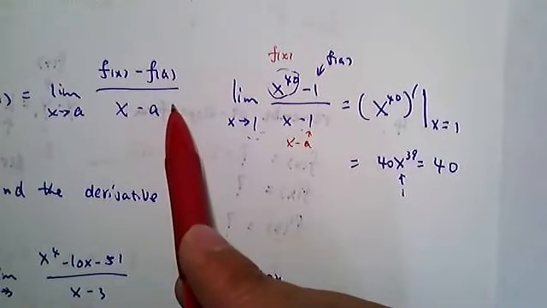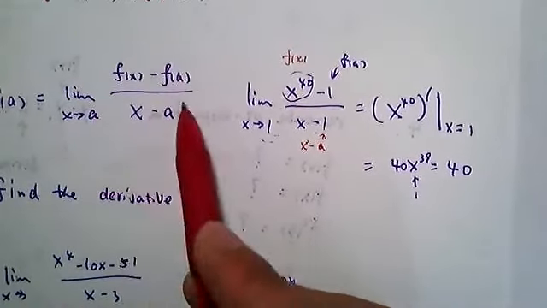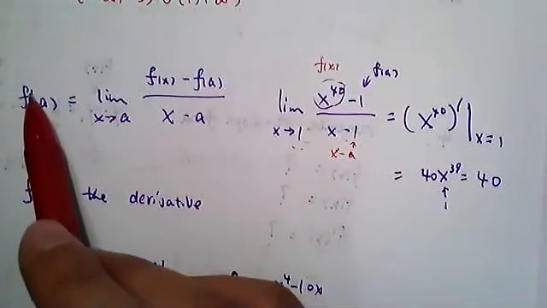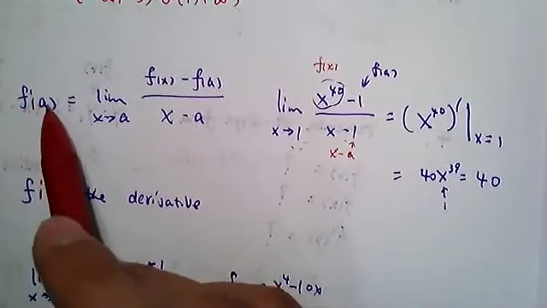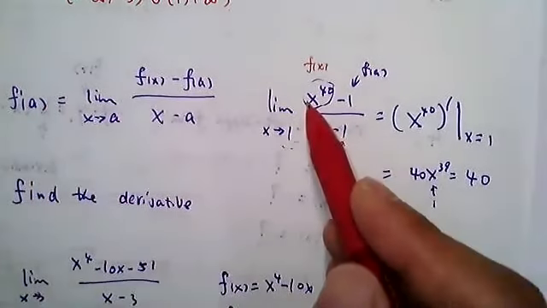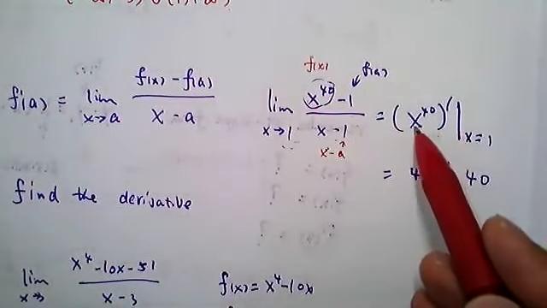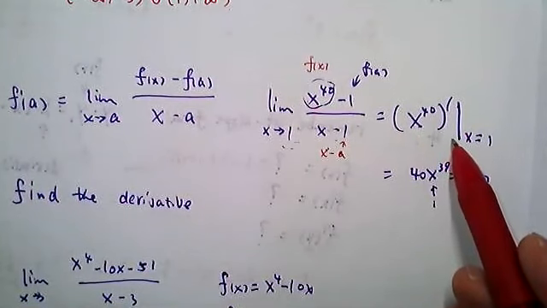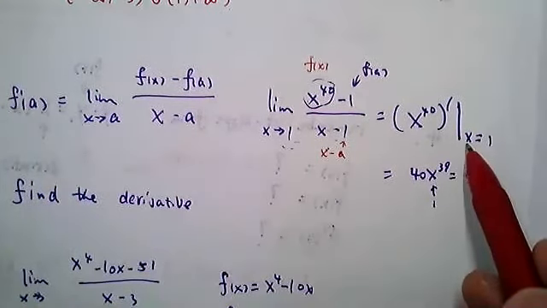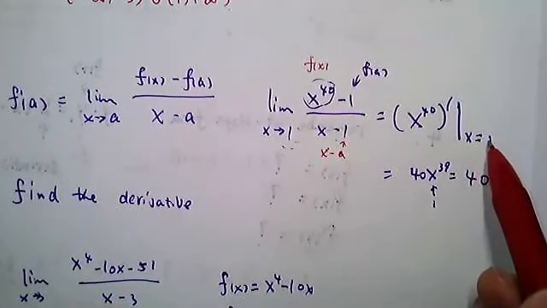And the answer is that the limit of this is just equal to the derivative at that point. The function is this, the derivative is this, and I use a vertical line to denote that we are going to evaluate the value at x equal to 1.